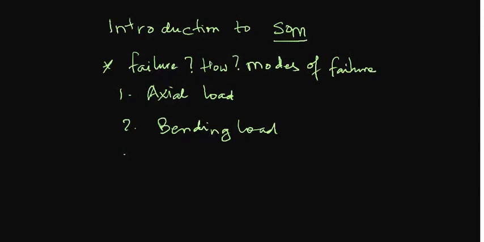That's your axial load. A bending load is something which bends a member. Bends means it becomes curved. A curvature sets in. Now, the third kind of load which usually acts on a member is torsion, or more popularly known as twisting.